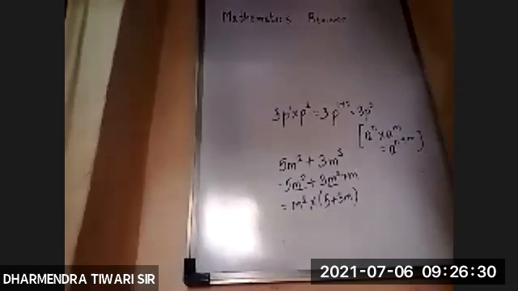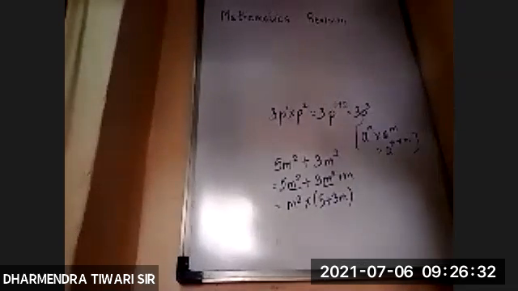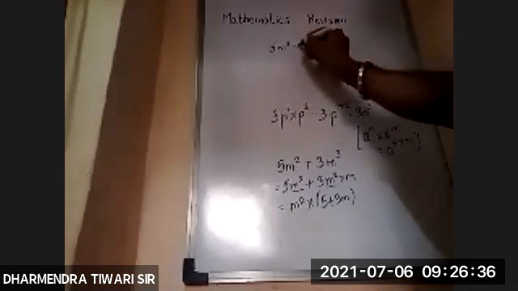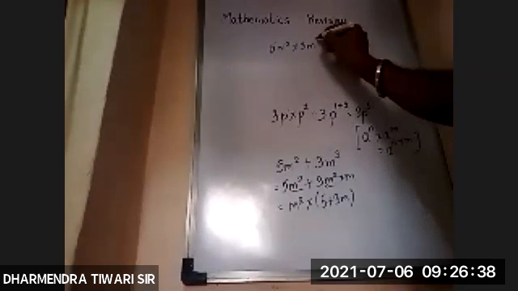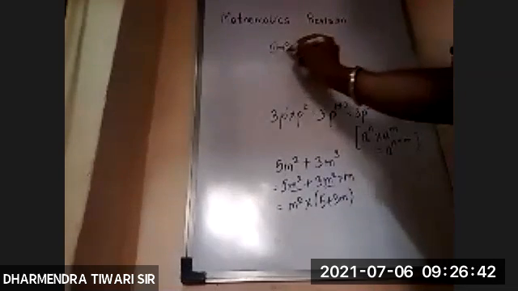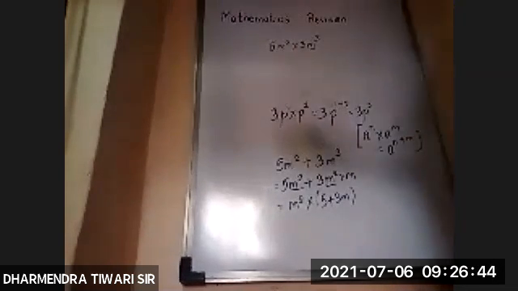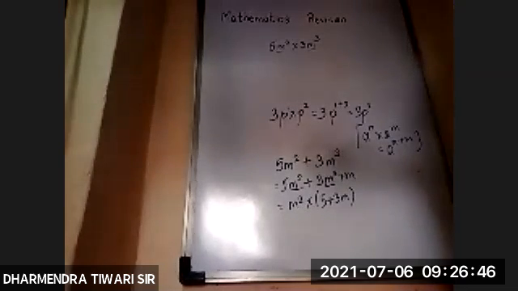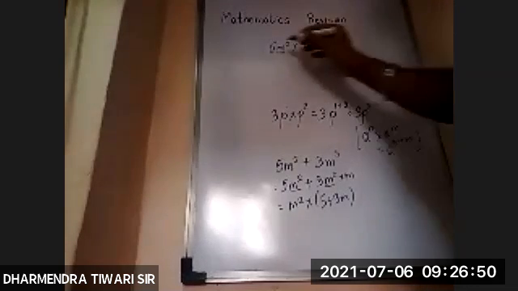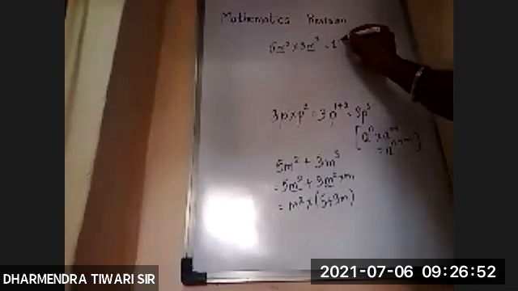Instead, if we have multiplication in between, say 5m square into 3m cube, how do we deal with this? In this case, the coefficients will get multiplied, no doubt. Whatever variables are present have the same base. So 5 3s are 15.